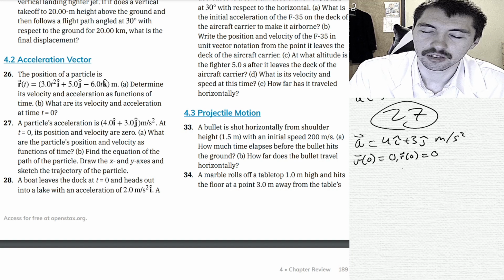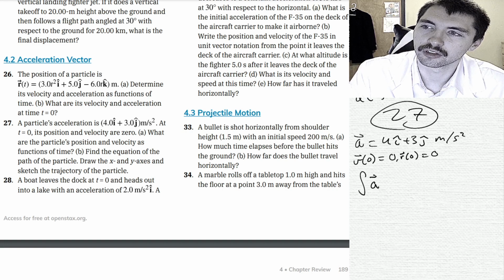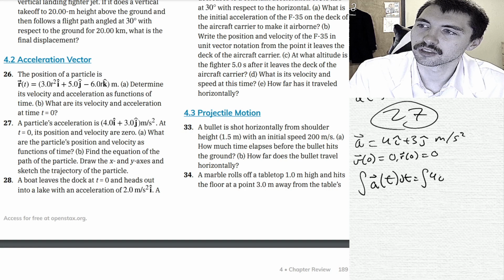Okay, so if they're giving us the acceleration and they want to go backwards, integrals and derivatives are inverse operations. So we're going to do the integral of a dt, the integral of 4i plus 3j dt.